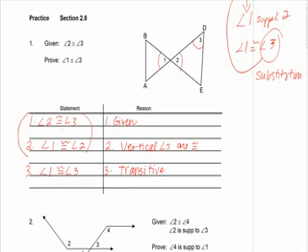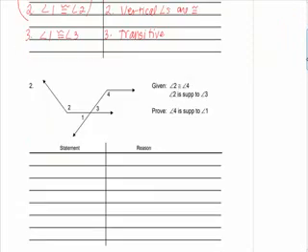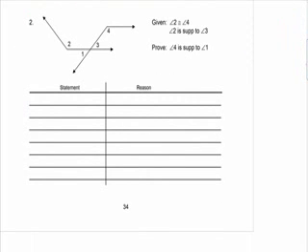All right, let's take a look now at the next one, which will actually prove what I was just saying. Go ahead and write the givens, please. Angle 2 is congruent to angle 4. Angle 2 is supplementary to angle 3. And is there anything from our diagram that we can imply?